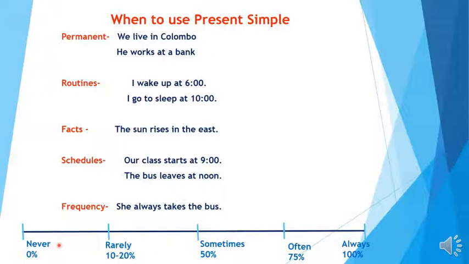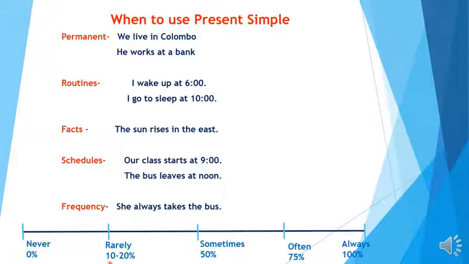Never, rarely, sometimes, often, always. So these words show how often these actions happen. When it is 0, the action is not happening, then we use never.